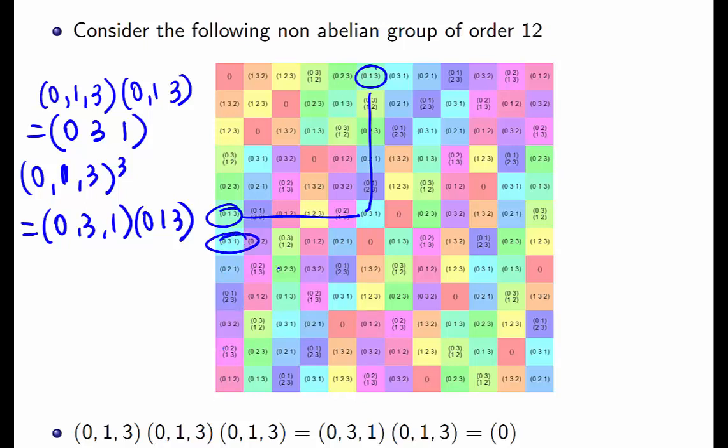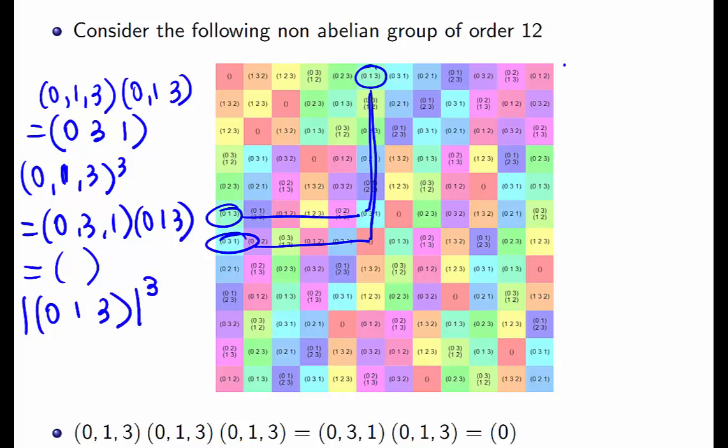It's here, times (0 1 3), and we get the identity element, which is denoted by simply the empty parentheses. So this again shows that (0 1 3) has order 3.